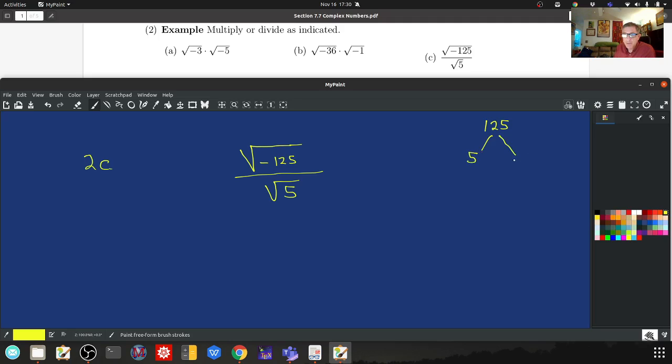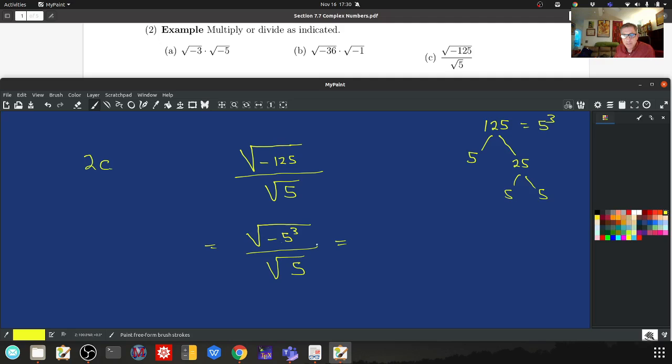When I divide it by 5, I get 25. And 25 is 5 times 5. So 125 is 5 cubed. So that's going to be the first thing we're going to do, minus 5 cubed over the square root of 5.